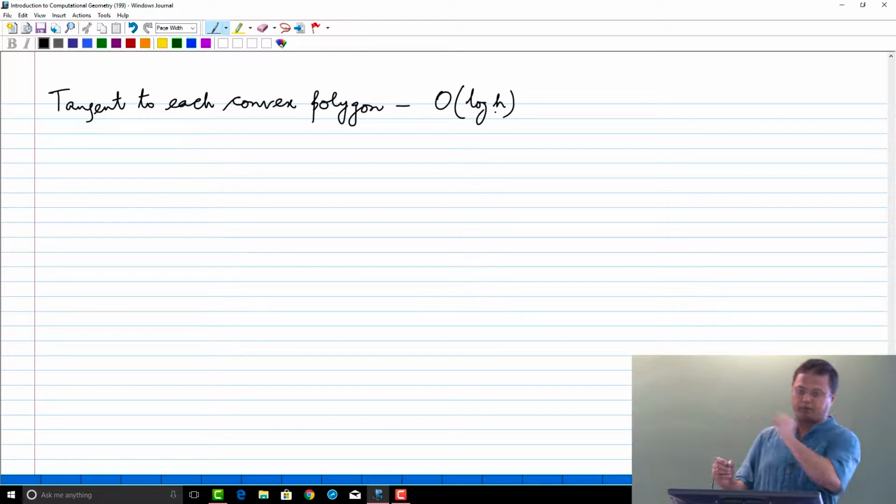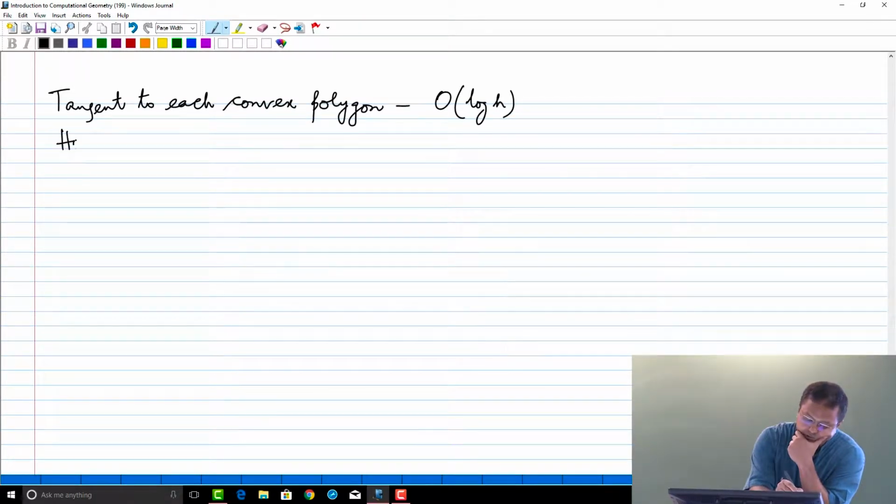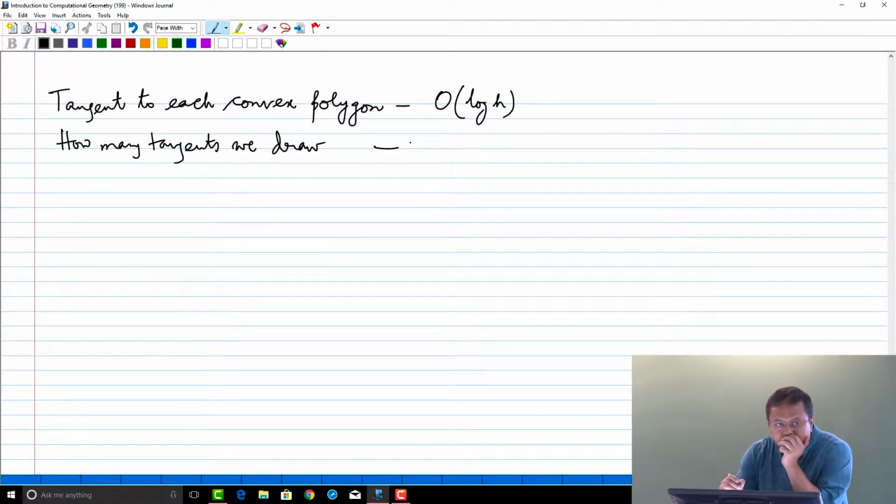So, this black box has been given to me. So, how many tangents do we draw? N by h, order.